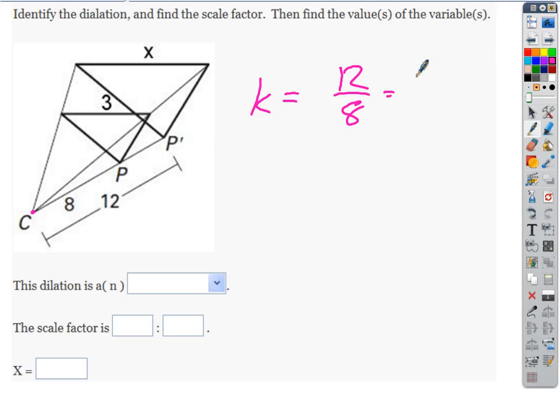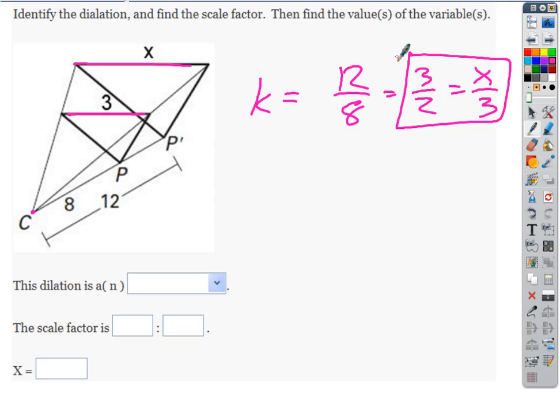So if I want to solve for x, how could I set that ratio? Could I set an x into that equation? X over 3. Good. Because we got big over small equals big over small, right? And there's a pretty simple equation I could solve to get x, right?